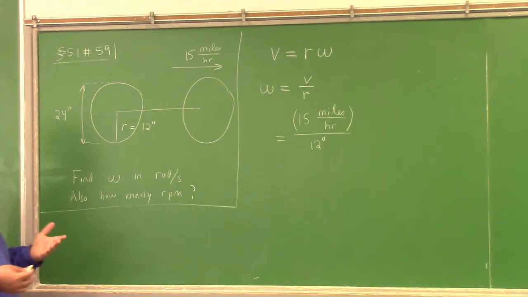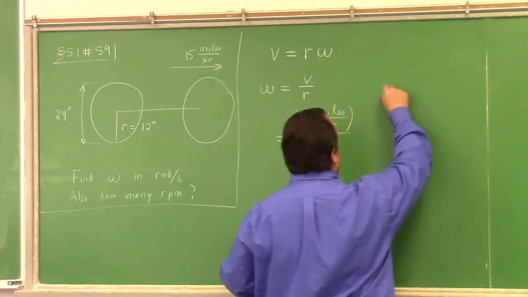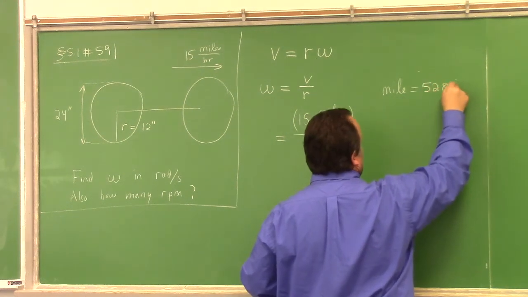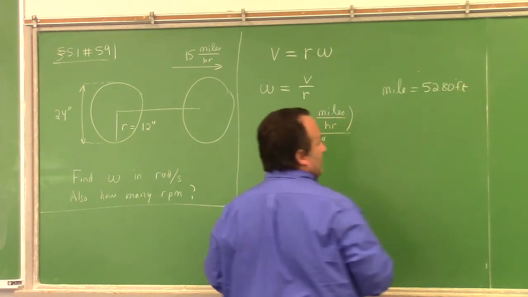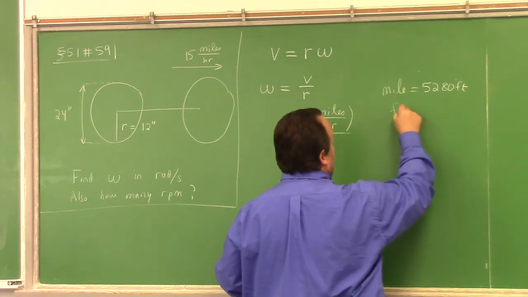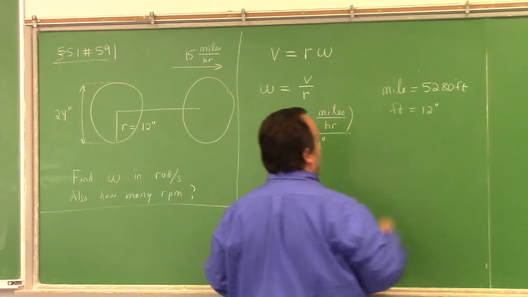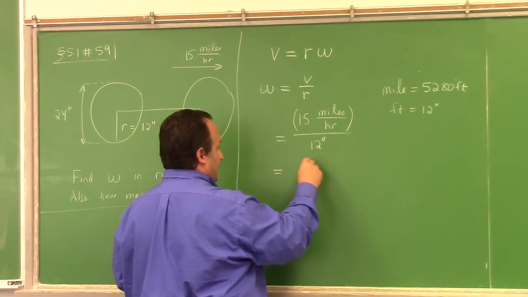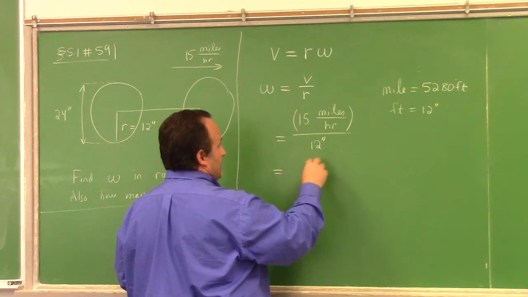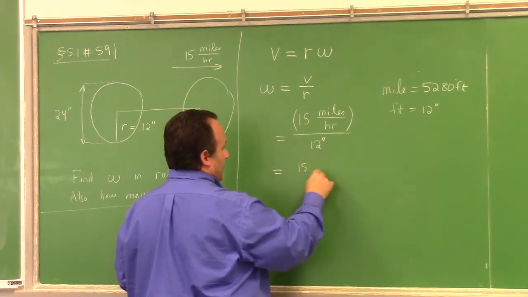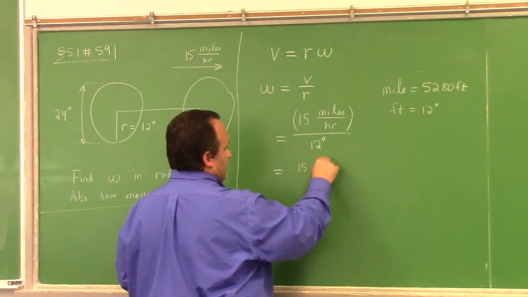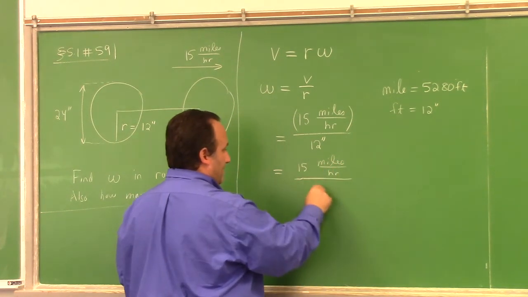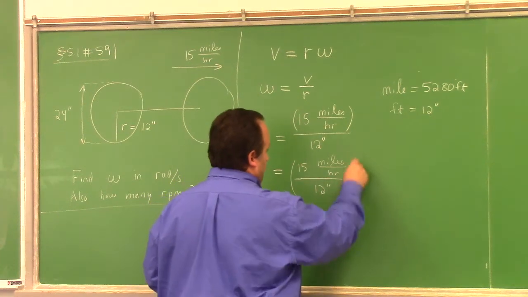So some useful things to know. A mile is 5,280 feet, right? And a foot is, we all know, 12 inches, right? So I can change this to, let's see here. So a mile, I'll do the kind of thing I did last time, which is to multiply by 1. All right.